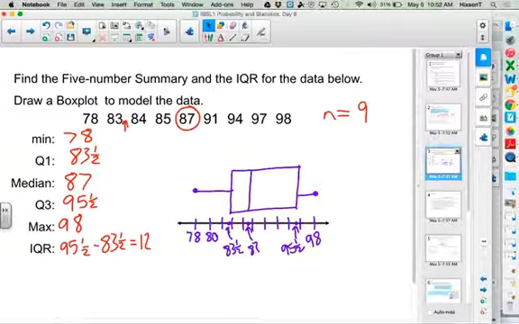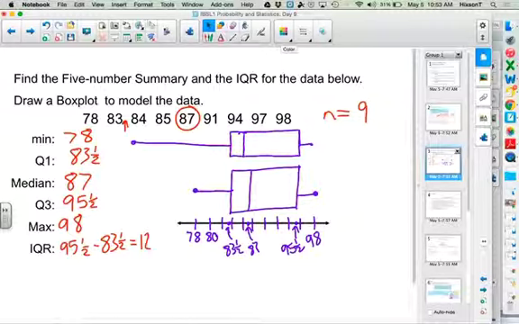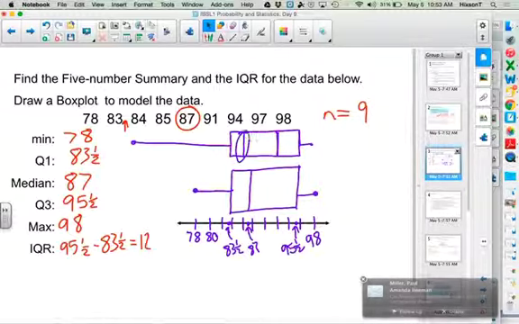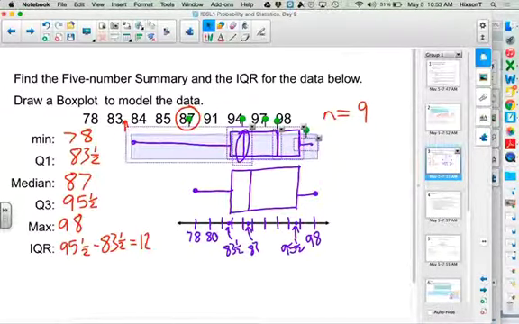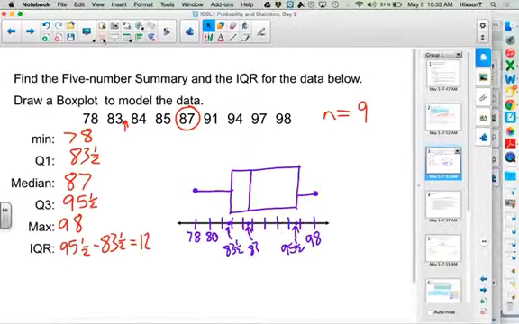Whereas it's possible to have one where you have a really short whisker here, and then a really long whisker down here, and your median would probably be up here, but your mean might be down here. We don't put the mean on our box plot, but if you compared the mean to the data, we actually call that negatively skewed. We'll talk about skewing in a little bit.